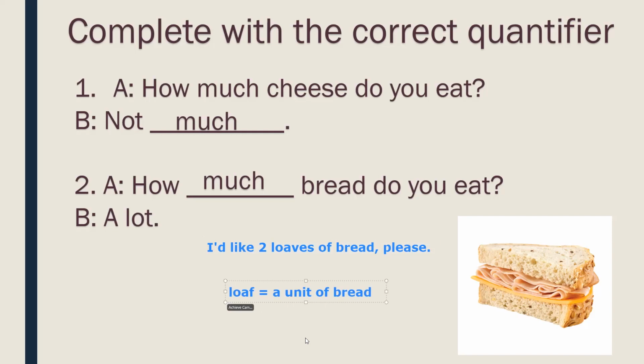So we can also use words like croissant, baguette, okay? So I'd like 2 croissants, please. I'd like 2 baguettes. No problem, but I can't say I'd like 2 breads. That's impossible.